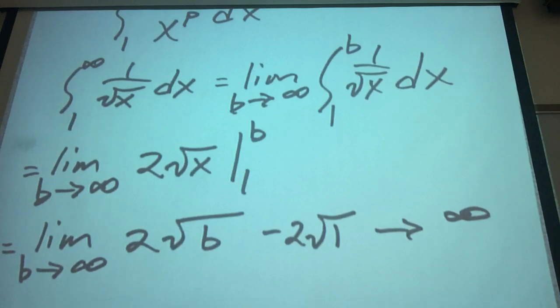Okay? Let's try it if we have a p which is greater than 1. Okay.